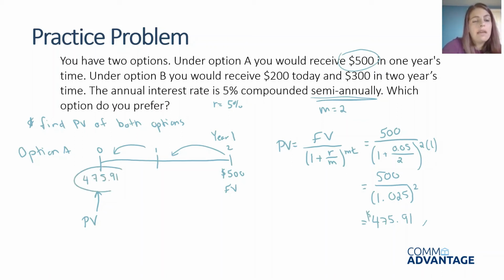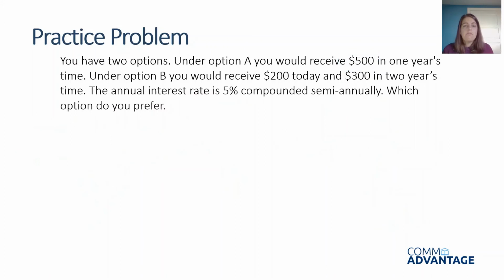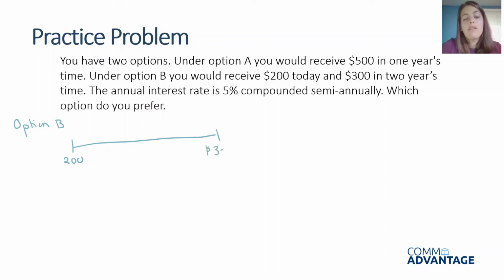And the question becomes then, does option B give us more money than that today? So let's take a look at option B. We've got a little bit more going on. Today, we get $200. But 2 years from now, we get $300.